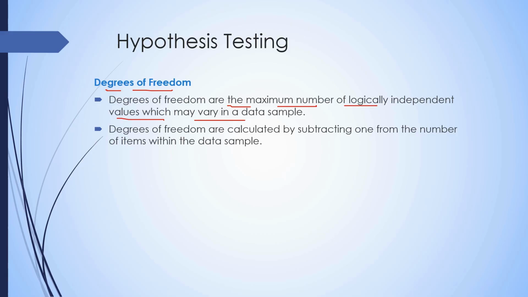The degrees of freedom are calculated by subtracting 1 from the number of items within the data sample. So degree of freedom would be the number of items in the data sample minus 1. I would suggest you go back and watch the video because there I'm explaining degree of freedom with an example and an analogy. It's the maximum number of logically independent values which may vary in a data sample.